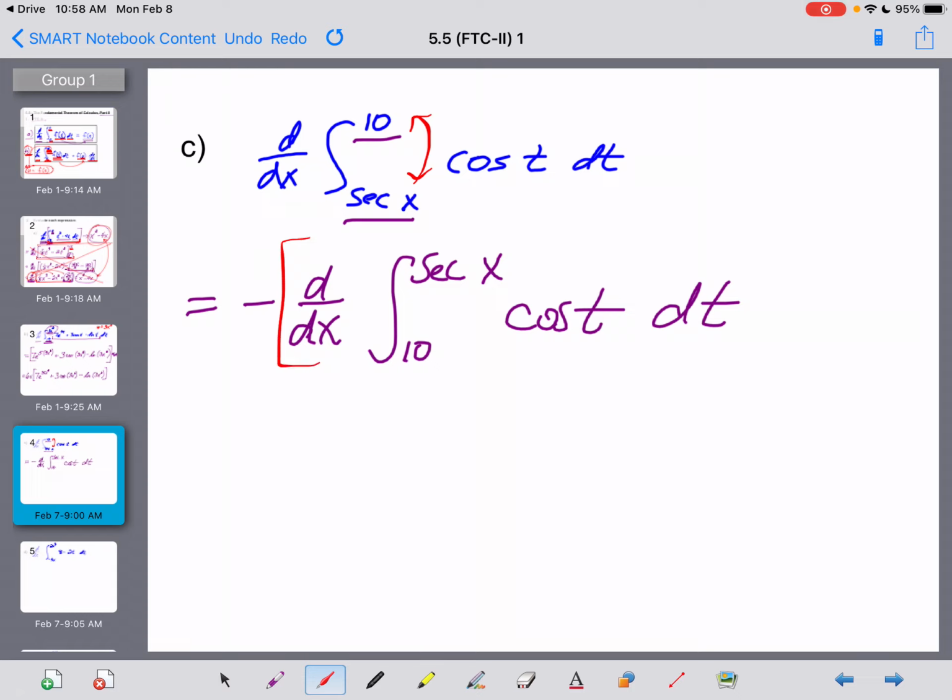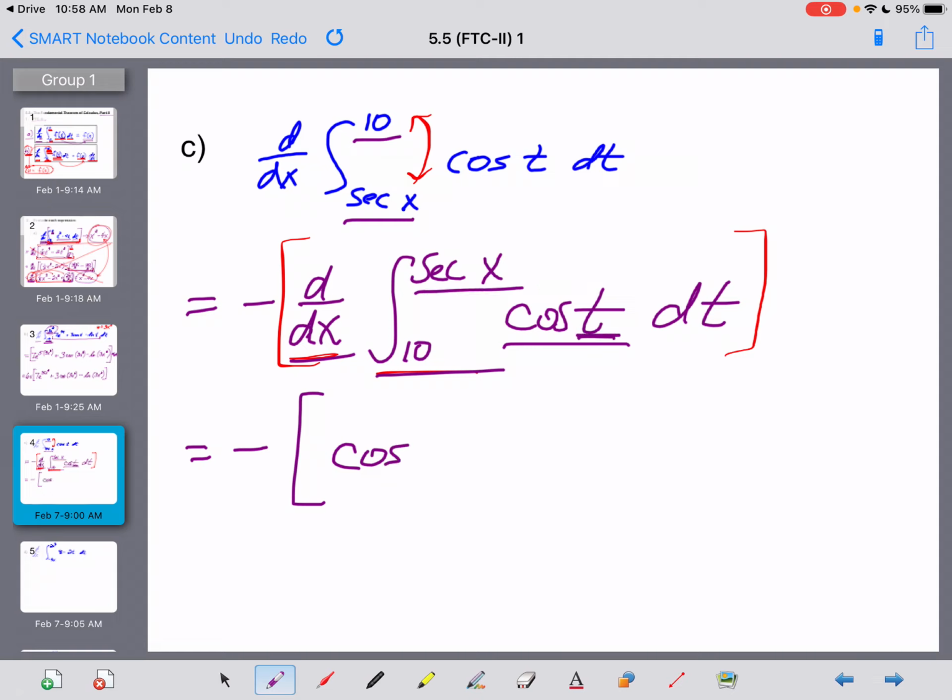Let me ignore the negative for right now and deal first with the derivative of a definite integral with a constant on the bottom and a function on the top. That means that we can apply FTC Part 2, but of course the negative just rides along here. So the derivative and the definite integral cancel each other out. Our answer is the integrand, cosine, but the angle now changes from t to whatever that upper limit of integration was.